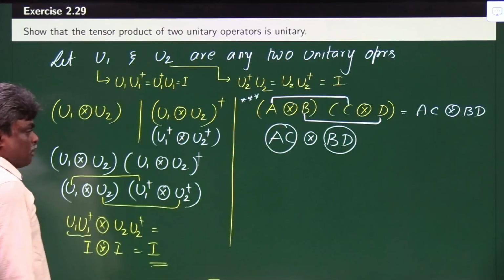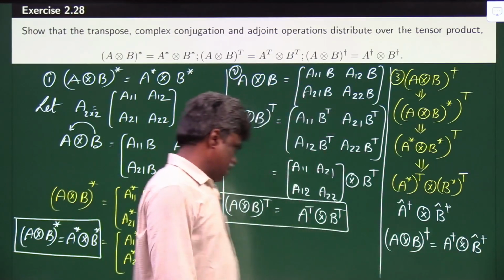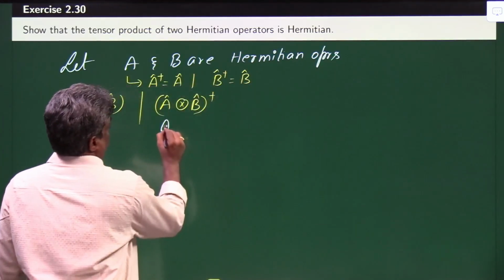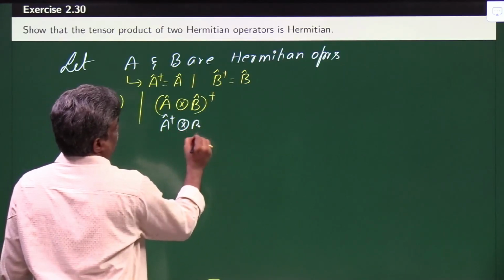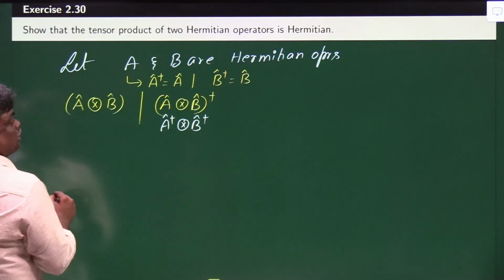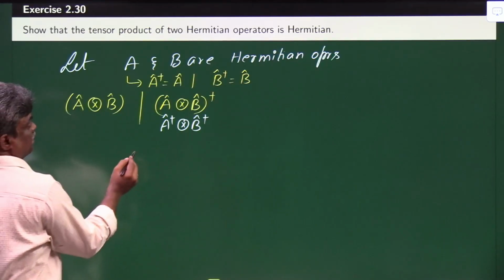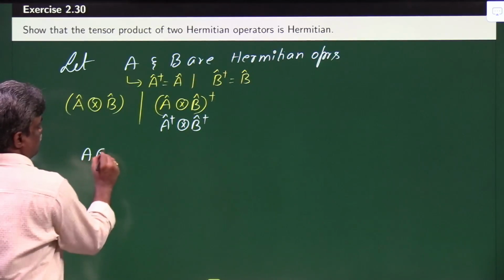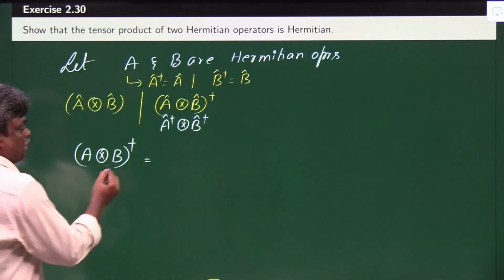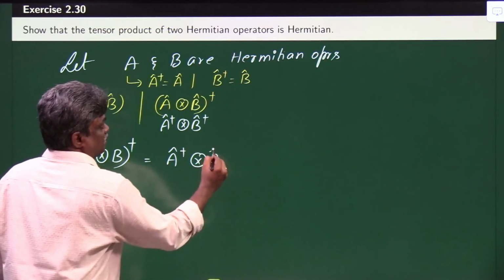Now I'm applying this property again: A tensor B whole dagger equals A dagger tensor B dagger.